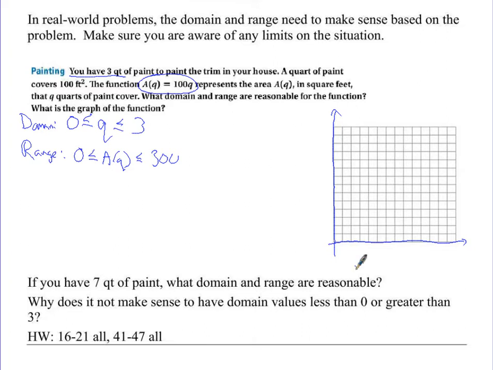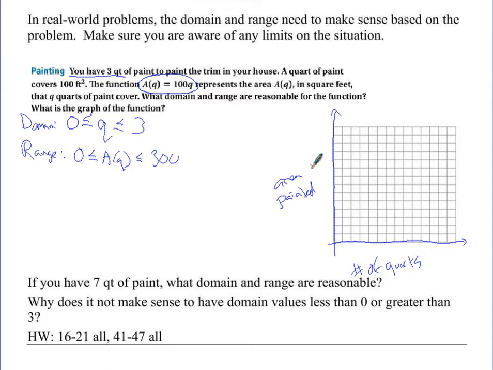So the number of quarts. Now what? The y-axis is the area painted. Now what? Scale.